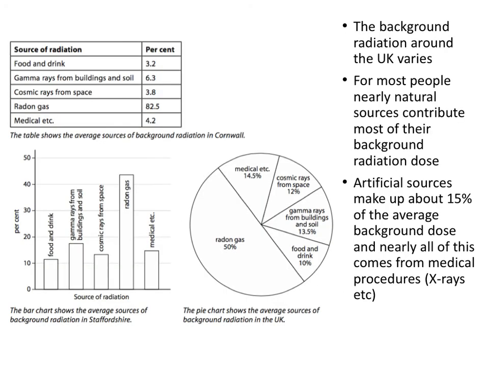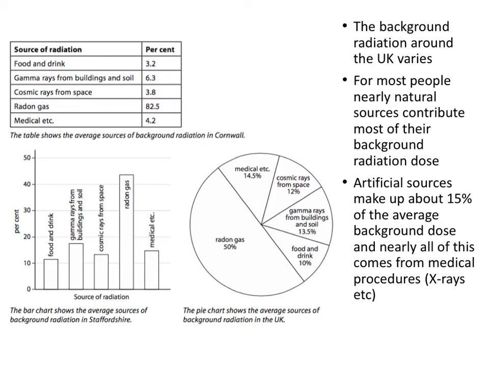Okay, so this information shows us loads of different sources of background radiation for different areas in the UK. Background radiation isn't the same around the world, and it isn't the same in the UK. For most people, natural sources contribute most of their background radiation dose. There will be some people, due to where they work, whose background radiation will come mostly from artificial sources.